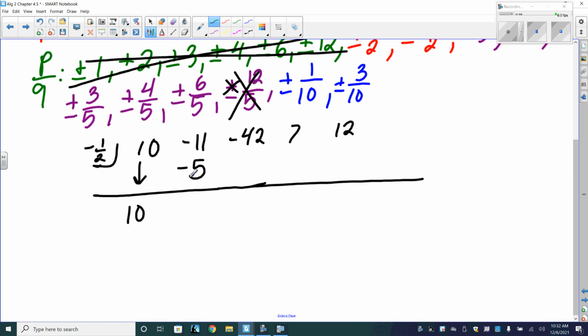Looking a little promising. Negative 11 plus negative 5 is negative 16. Negative 1/2 times negative 16, well, the negative and negative would make 8. 16 divided by 2 is 8. Negative 42 plus 8 is negative 34.